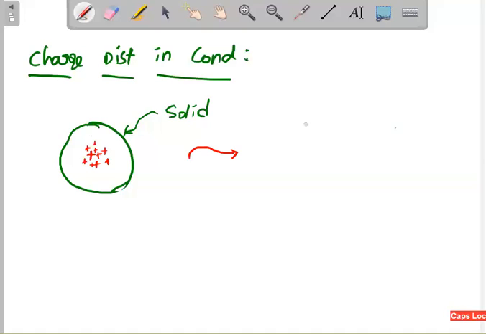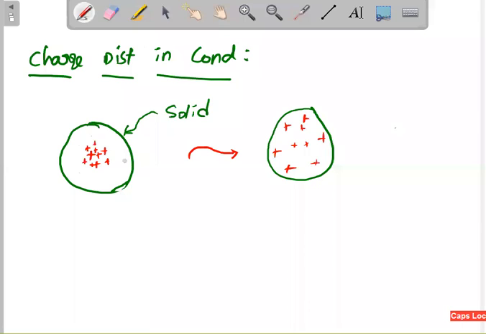Then how will it be redistributed? If it is a solid conductor, then they will be redistributed in a uniform fashion. Say for example like this. Why is it getting redistributed?